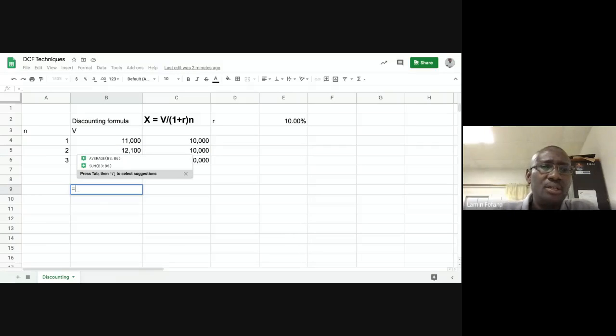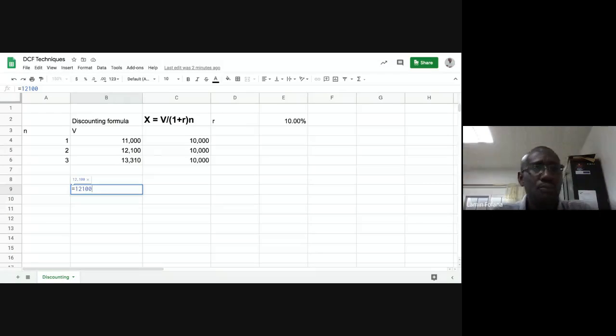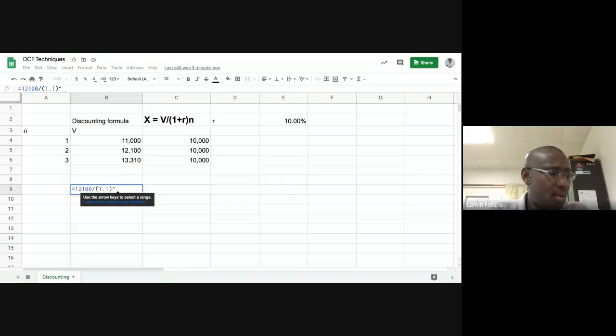We said 12,100 divided by 1.1, bracket closes, raised to power 2.